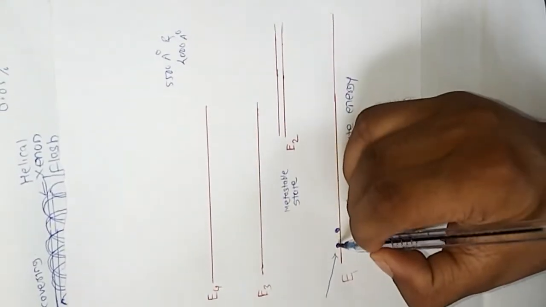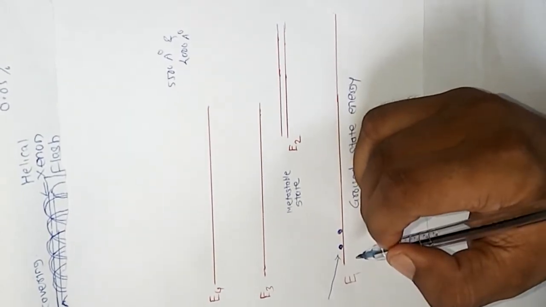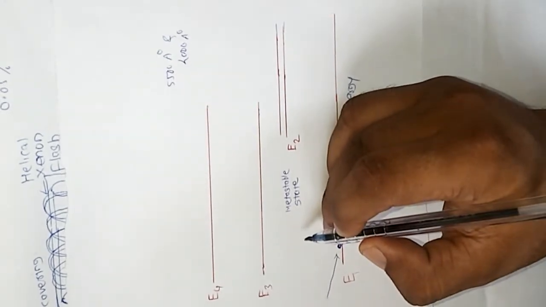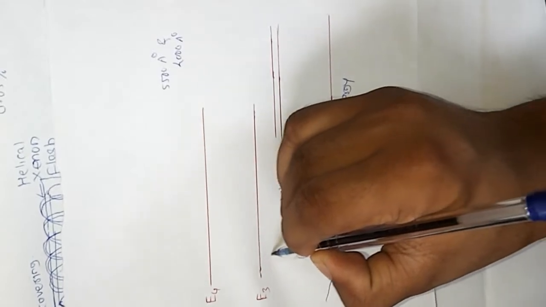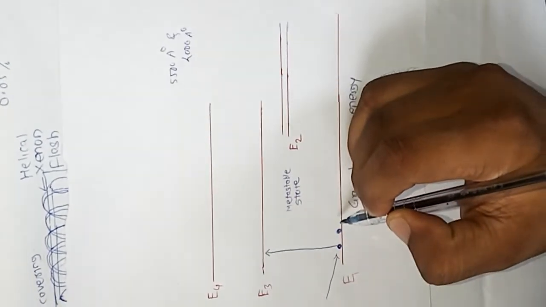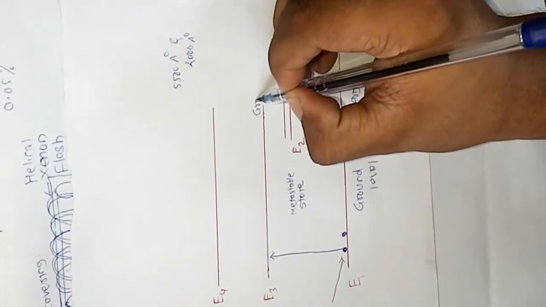Suppose the Cr atoms absorb energy of wavelength 5500 angstrom unit, then it goes to the excited state energy level E3. This E3 corresponds to green color.